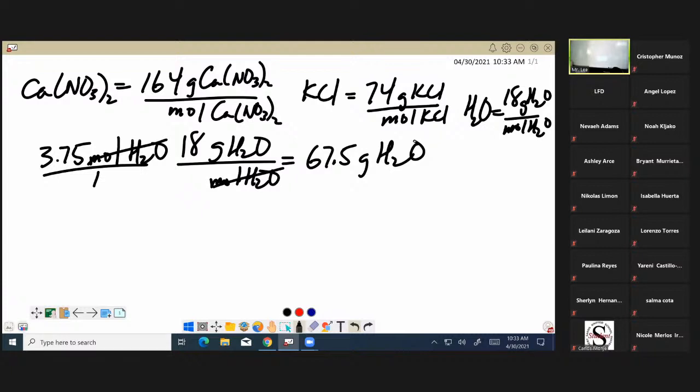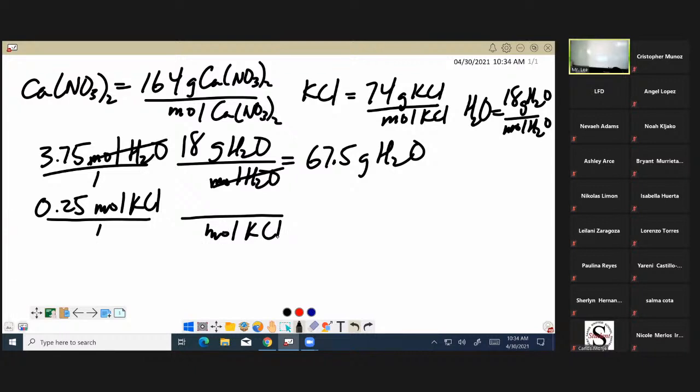Okay, so that's the first one. And then the second one is 0.25 moles of potassium chloride, KCl. Well, we do the exact same thing, nothing different. It's repetition sometimes, but sometimes you need repetition to make sure you're doing this right. It's just like, if you're a basketball player, you want to get good at free throws, right?